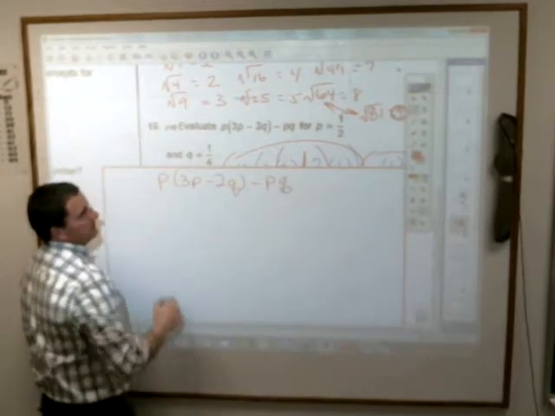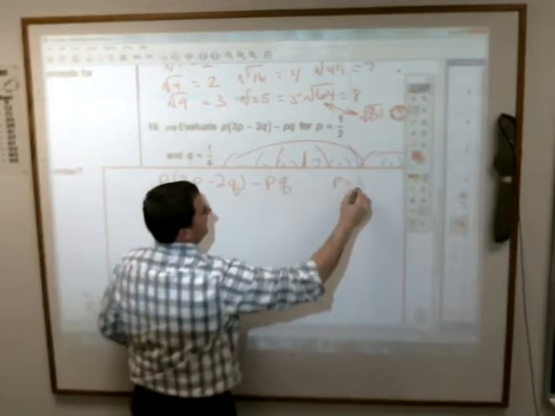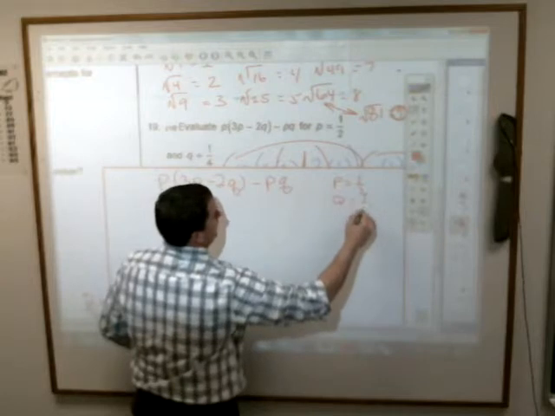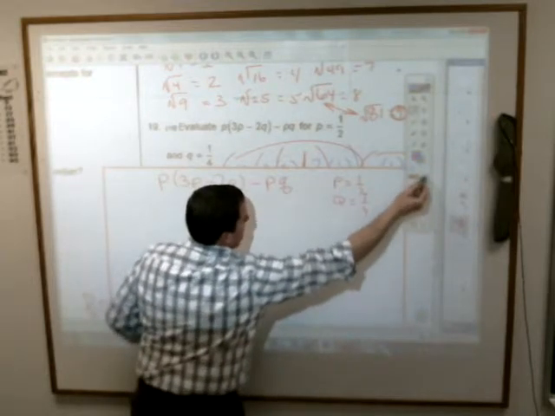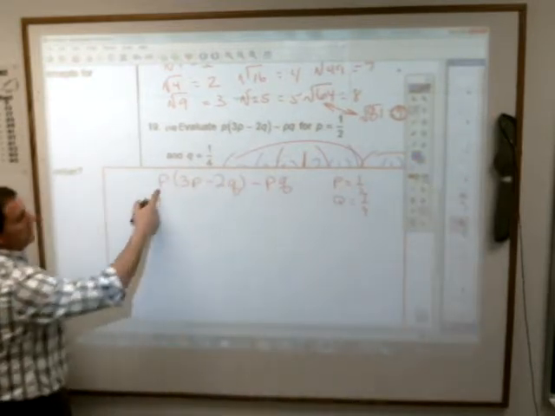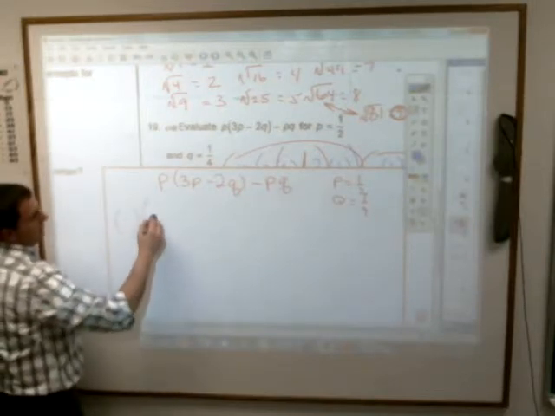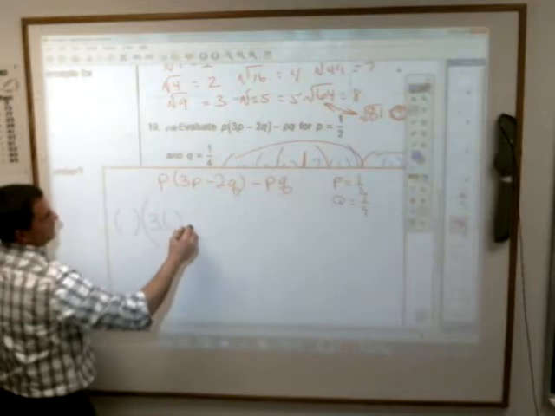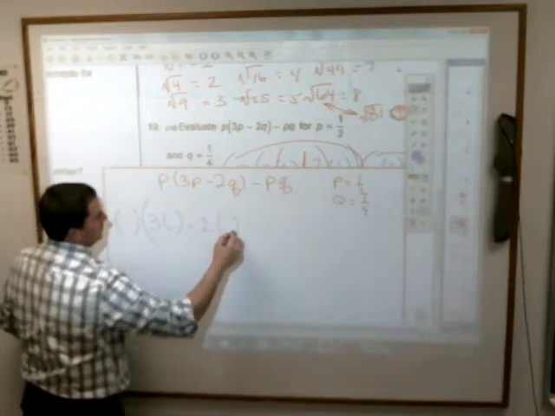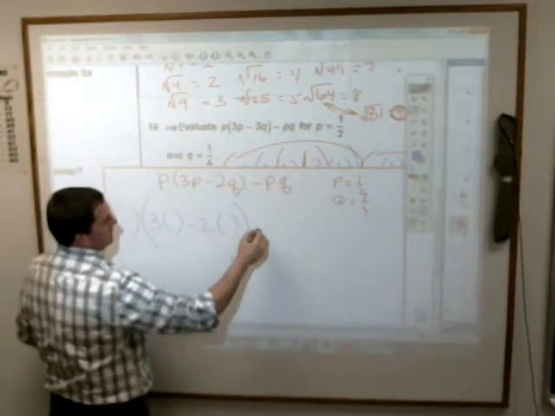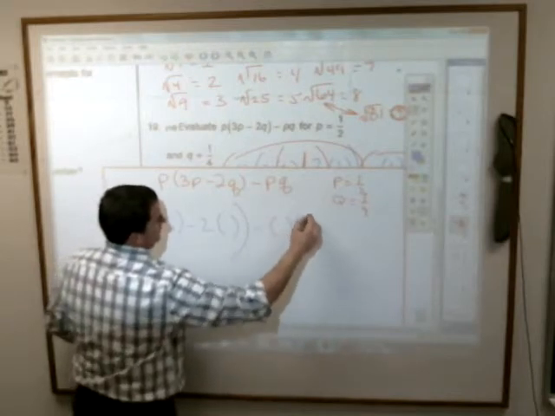First step. Okay, p equals 1/2, q equals 1/4, right? Yeah. So in big, we're going to redo all this here. p, really big parenthesis, 3 times p minus 2q, really big parenthesis, minus p times q.